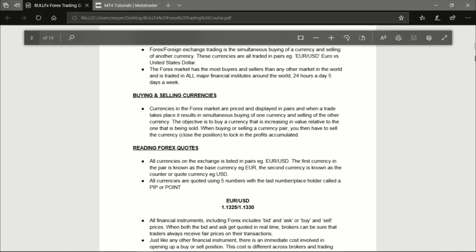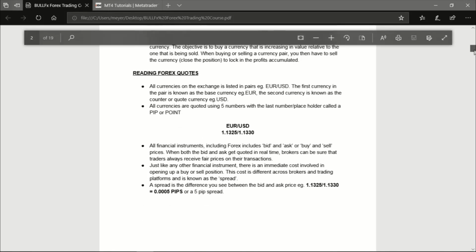Alright, let's go further. All financial instruments, including Forex, include bid and ask, or buy and sell prices. When both the bid and ask get quoted in real time, brokers can be sure that traders always receive fair prices on their transactions.